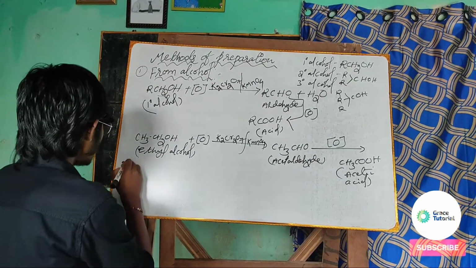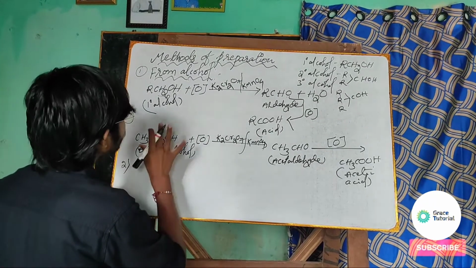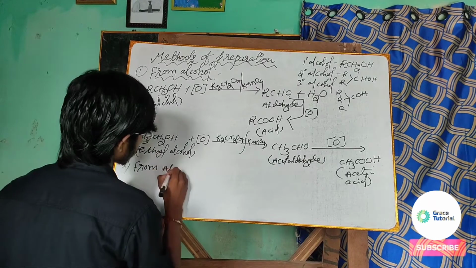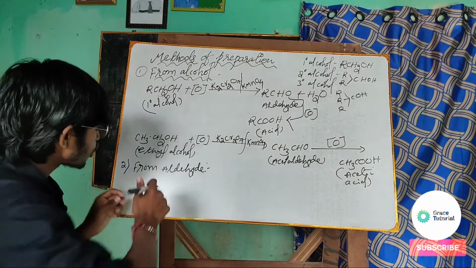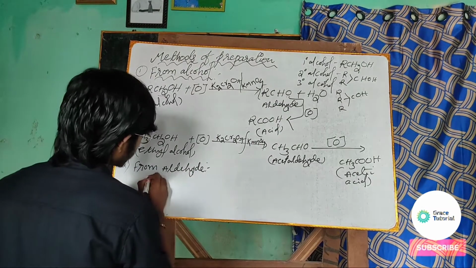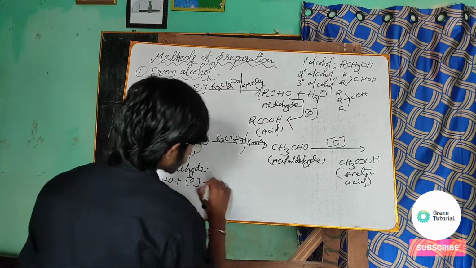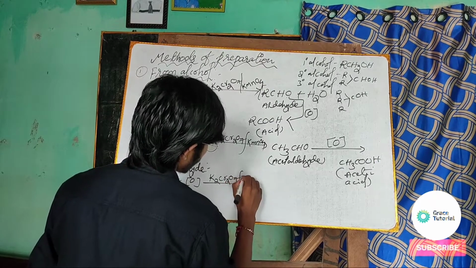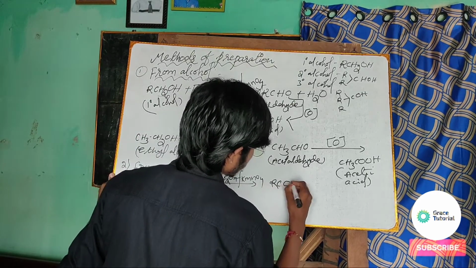Now we will move on to the second method of the preparation of carboxylic acid, and the name of that method is from aldehyde. If you look at aldehyde, we have aldehyde RCHO. When this aldehyde gets oxidized in the presence of potassium dichromate or potassium permanganate, then we get acid.